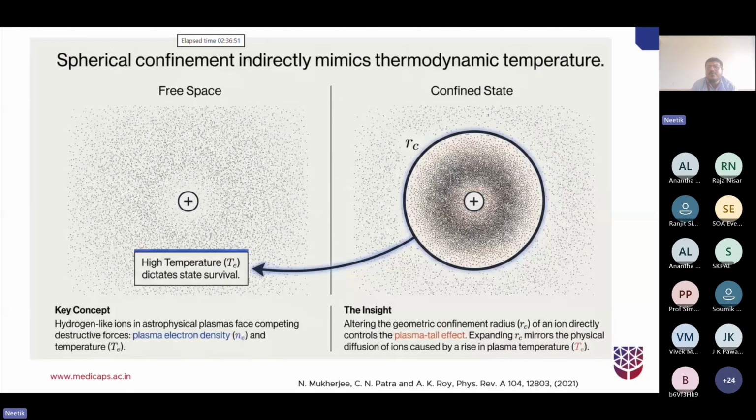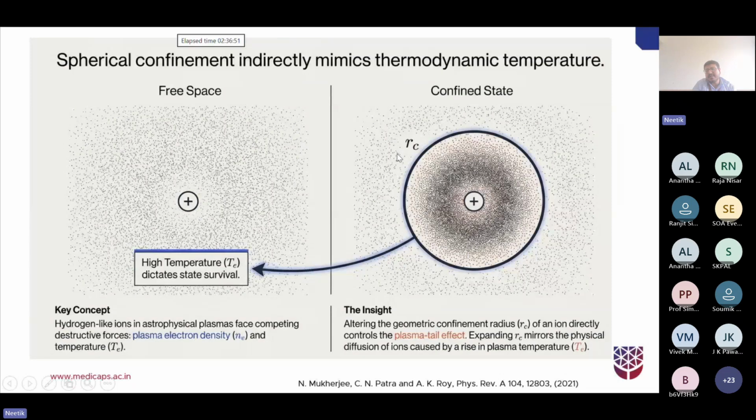Now we move to study the trapping of plasmas under high pressure. What does it explain? We know that with an increase in temperature, the plasma tail effect predominates. This can be modeled by trapping a plasma inside a sphere of radius RC.